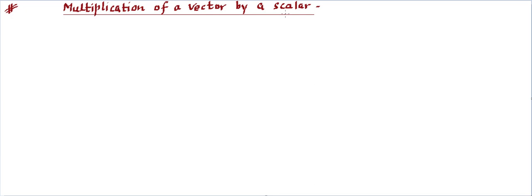Now, till now we have talked about addition and subtraction of two vectors in vector algebra. So if there is a vector A, we can add it with vector B. What we cannot do is add vector A with some scalar B. That means a vector cannot be added with a scalar. In order to add one vector, we need to have another quantity as a vector.